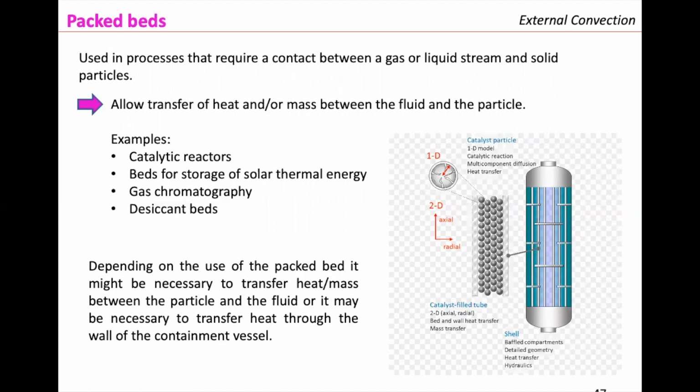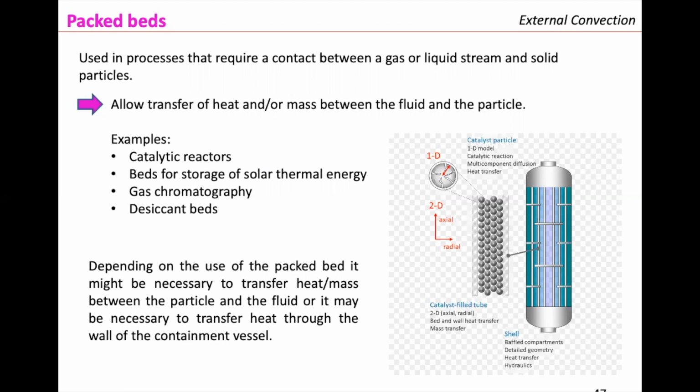So these packed beds are typically used in processes that require contact between a gas or a liquid stream and solid particles. They allow transfer of heat and/or mass between the fluid and the particle. Obviously, in this course, we are going to evaluate only the transfer of heat. Once you reach your next semester reaction design, you will evaluate the mass transfer.